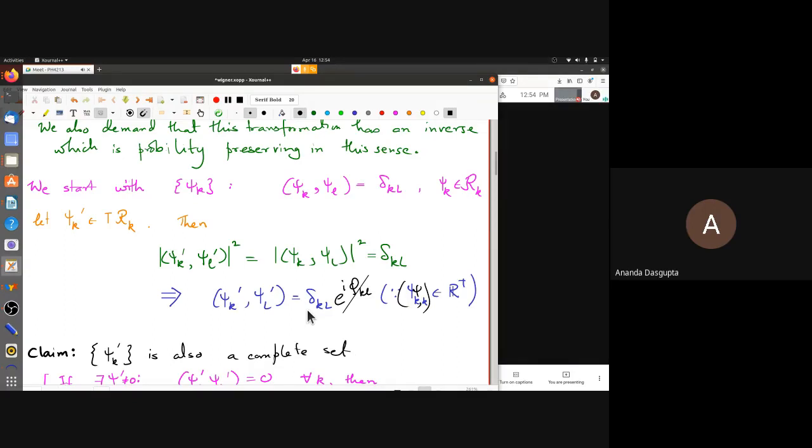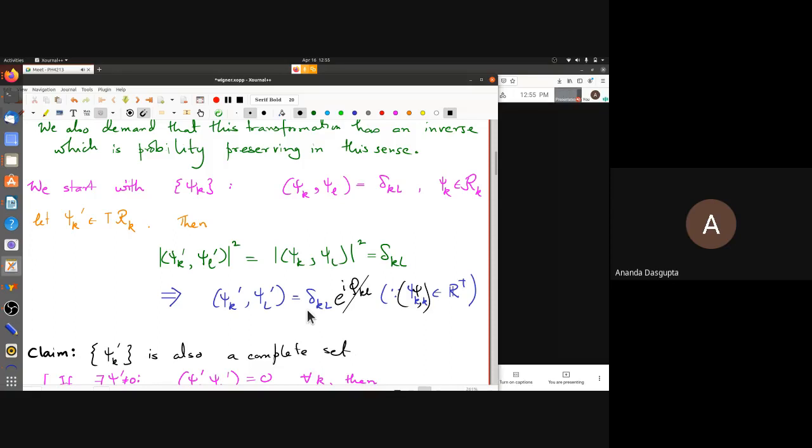So after the transformation, Rk transforms into TRk, another ray. And I'm saying that I will pick some psi k prime from TRk. I'm not saying which, right? I will pick some psi l prime from TRl. And then I'm going on to show that because of our demand of symmetry, that the probability amplitude stays the same, it follows that psi k prime, psi l prime has to be equal to delta kl.